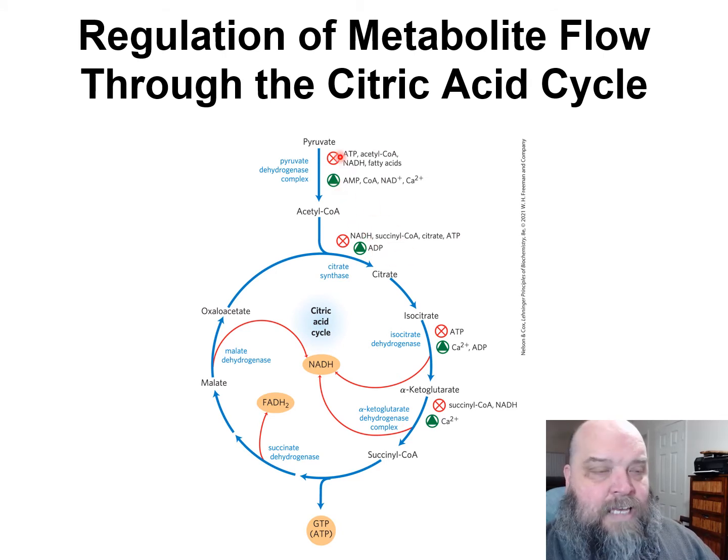If ATP levels are high and you have too high of NADH, stop, stop, stop. No reason to keep going through. But if you have high levels of ADP, AMP, yes, yes, yes.